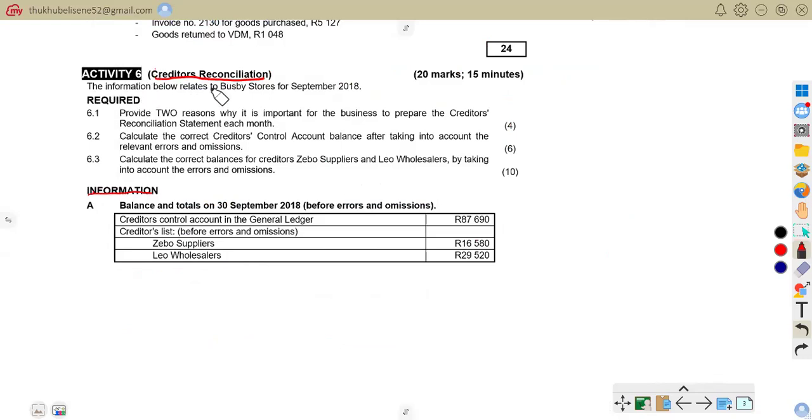As it says, the information below relates to Bus BC Stores for September 2018.